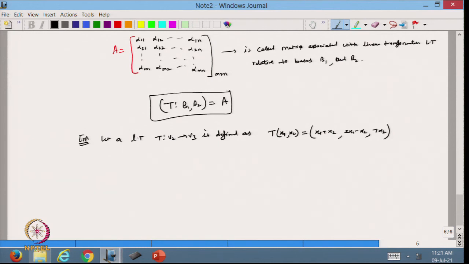So, this is a transformation given to me. It is from V2 to V3.